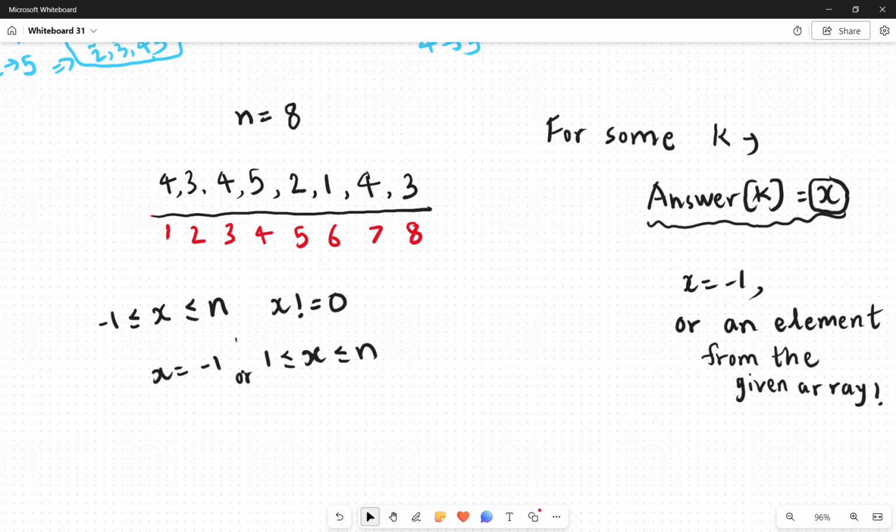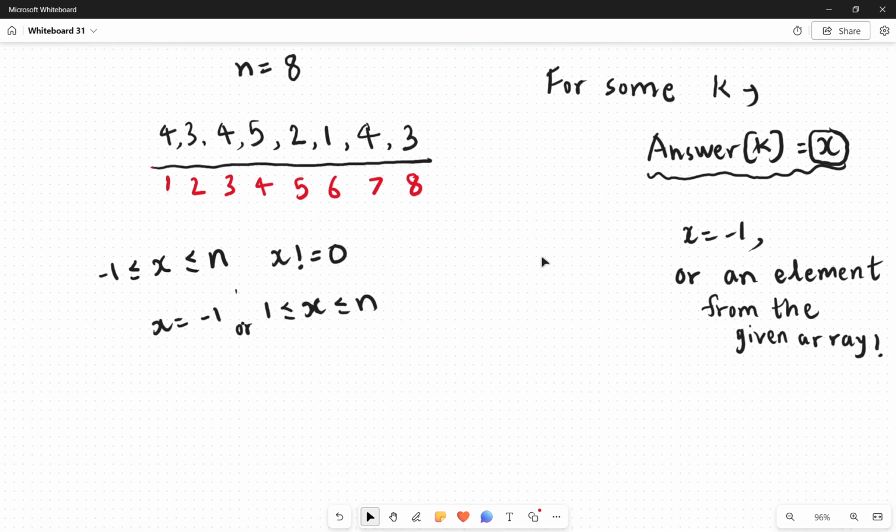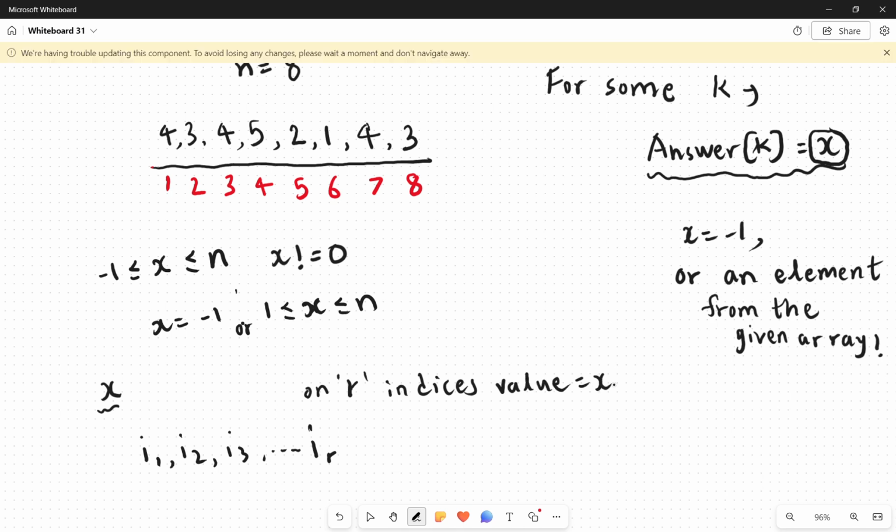So suppose for some element x, the indices where x occurs are i1, i2, i3, and so on up to iR. Suppose on R indices the value x occurs.